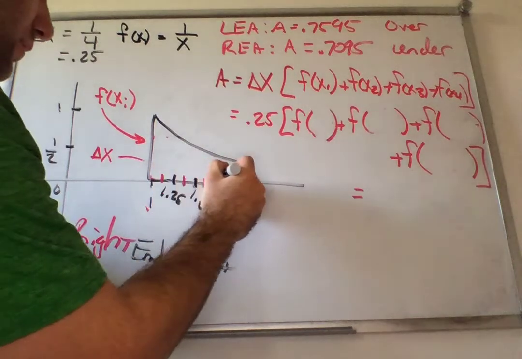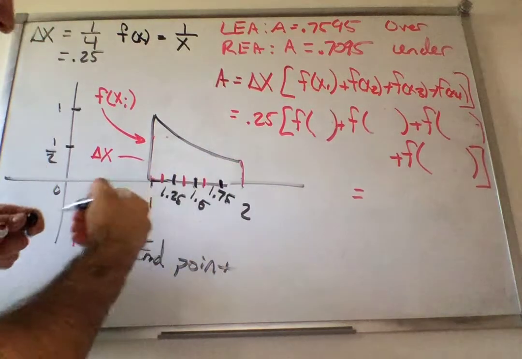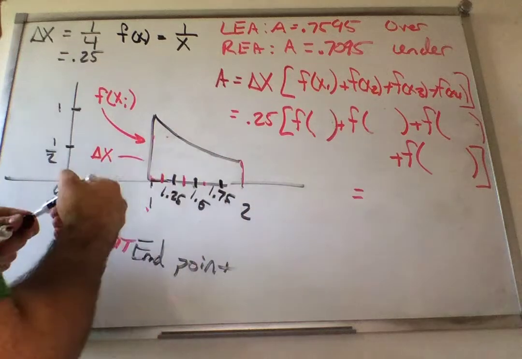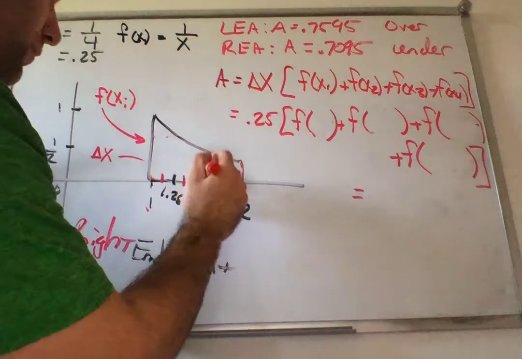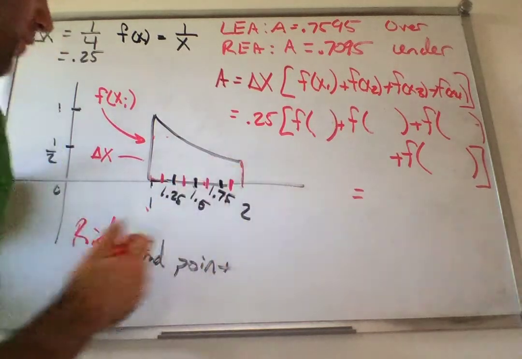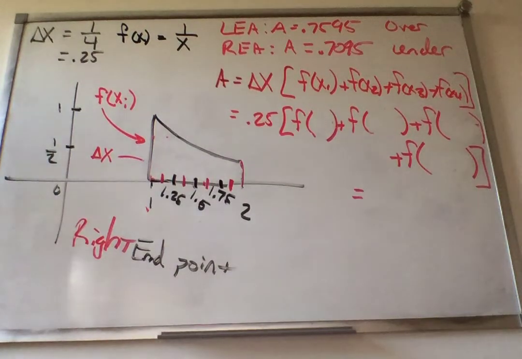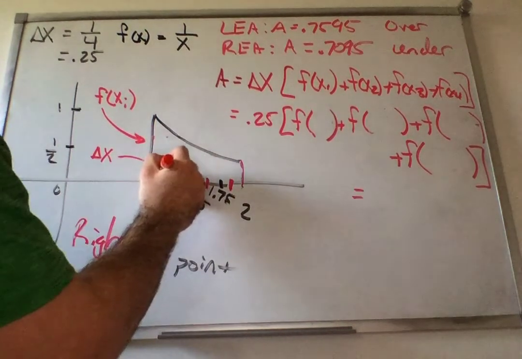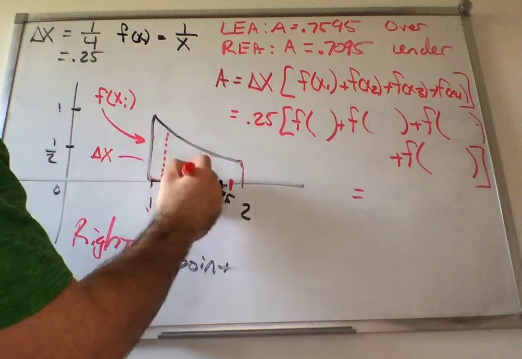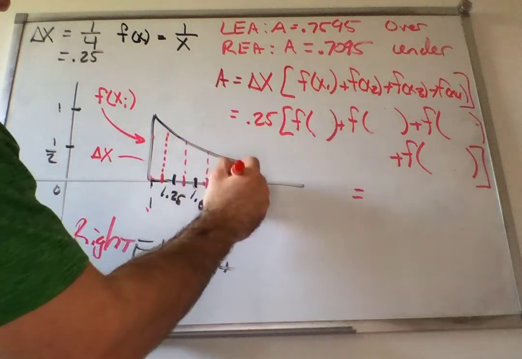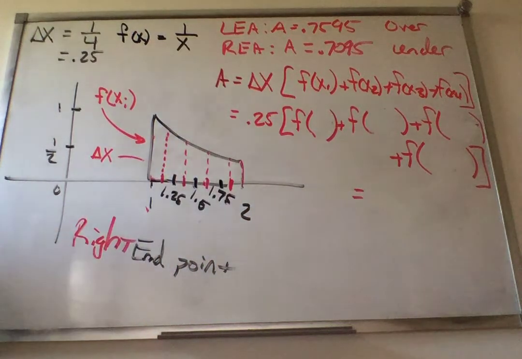There, right there. Over a bit. Okay, we need those midpoints because then we're going to find those function values right there.